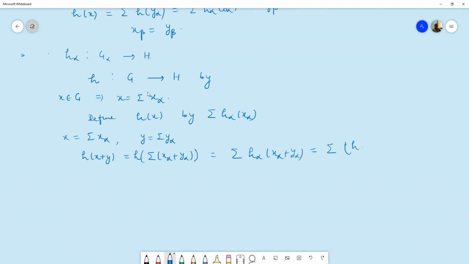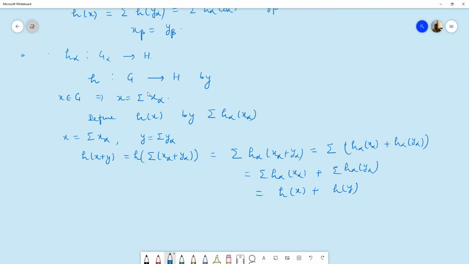So it is H alpha at X alpha plus H alpha at Y alpha. So this is summation H alpha X alpha plus summation H alpha Y alpha, and by definition of H, this is just H of X plus H of Y. So H is a homomorphism.